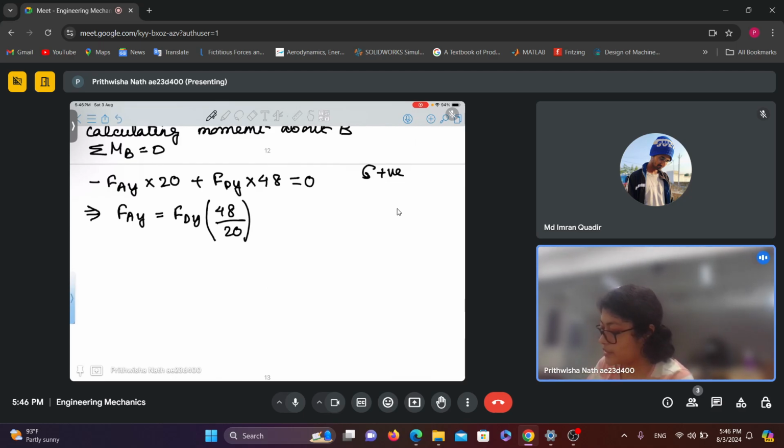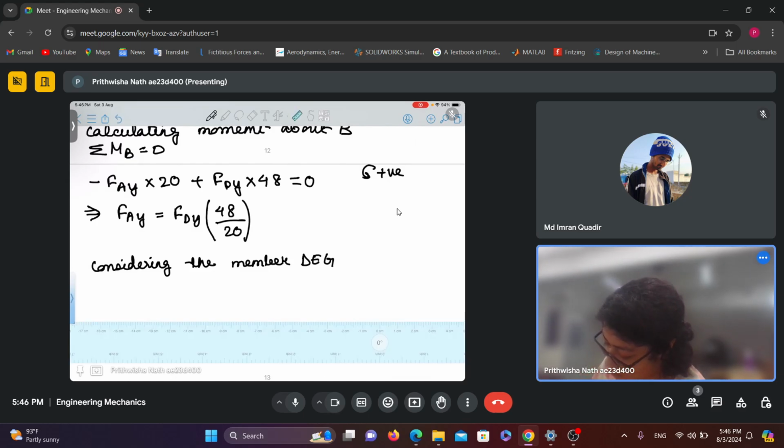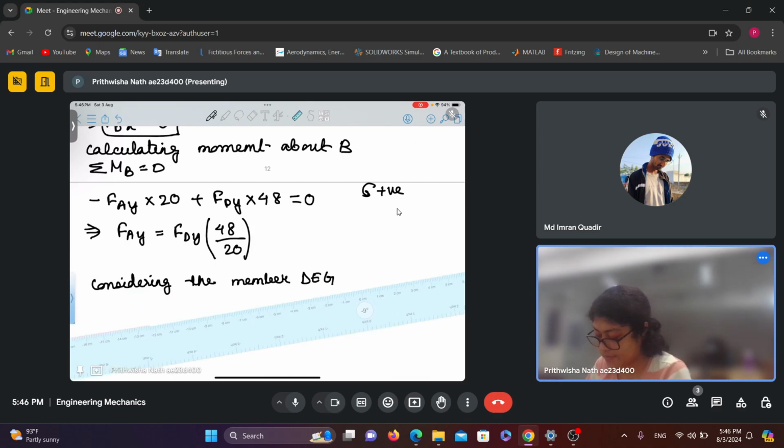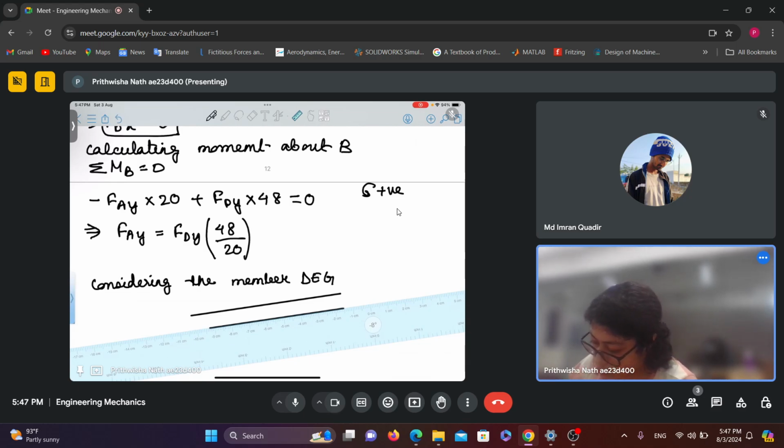Now we'll consider the last member, that is DEG. Considering the member DEG, I draw it once again. Here a force of 125 Newton acts.